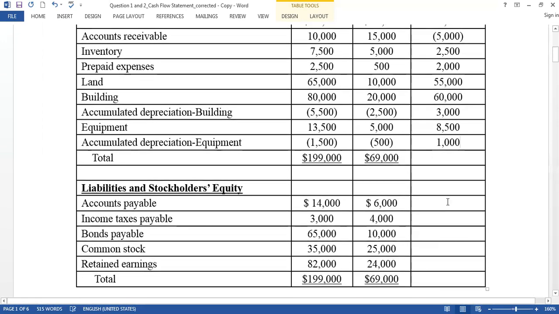Then accounts payable, which is our liability, increased $8,000. Then income tax payable decreased $1,000. Then bonds payable increased $55,000. Common stock increased $10,000. And retained earnings increased $58,000.